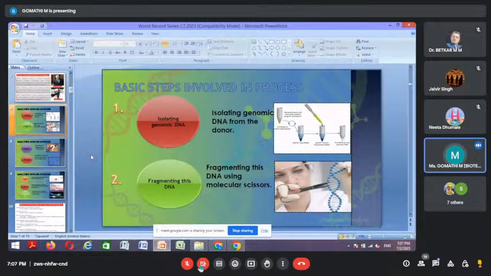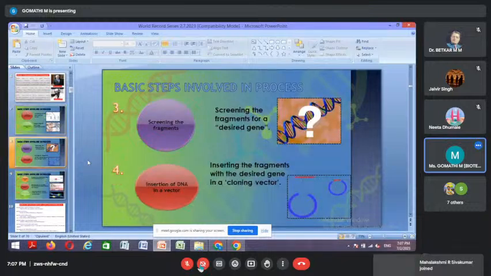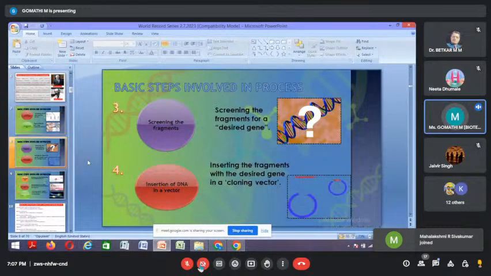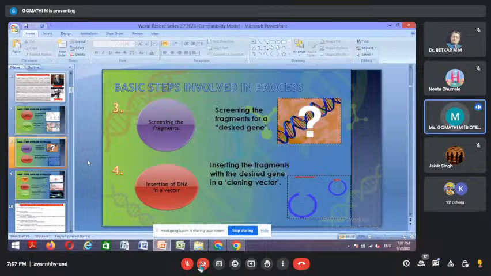The basic steps involved in recombinant DNA technology are, first, isolating the genomic DNA. Next, fragmenting the DNA using enzymes, which we call molecular scissors. The third step is screening the fragments, finding out which part of the DNA has to be combined with another DNA, that is, screening for the desired gene.